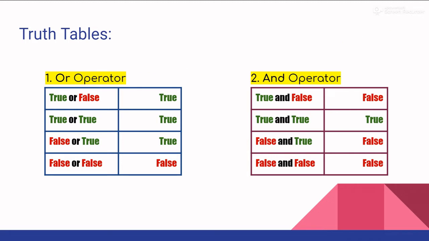Like in the first three examples, even one of the values is true, so the whole result is going to be true. But in the last one, none of those values are true, both of them are false, so the result became false. But for the AND operator, even if one of those values is false, the whole result will be false, right? Both operands should be true to make the result true, like in this case only, and otherwise in every case the result is going to be false because one of those values is false for the AND operator.